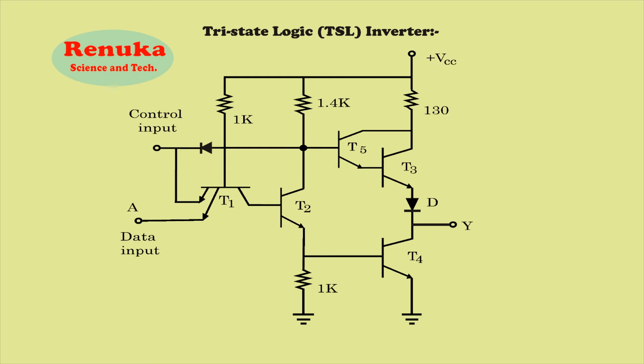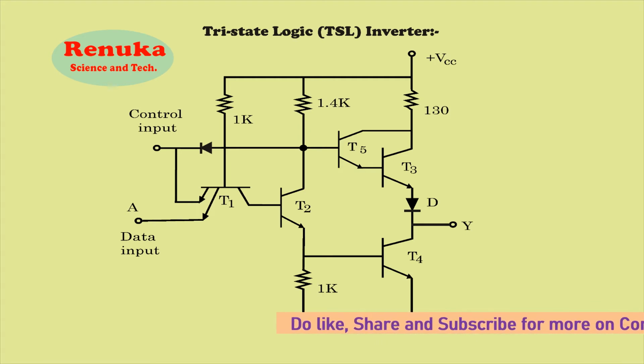If transistor T3 is off, then the current from transistor T5 will flow through transistor T5 and enter the base of transistor T3. So you can see, for conducting transistor T5, we must have high voltage at the base of transistor T5.